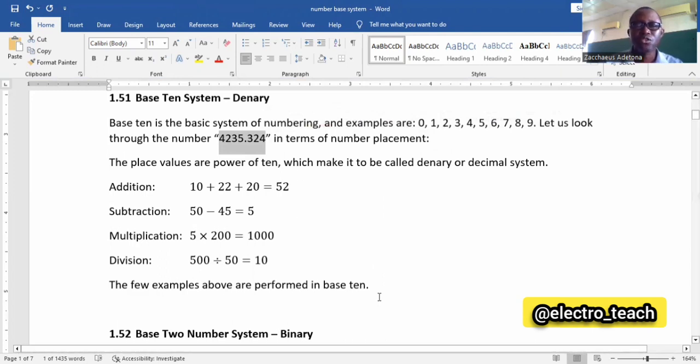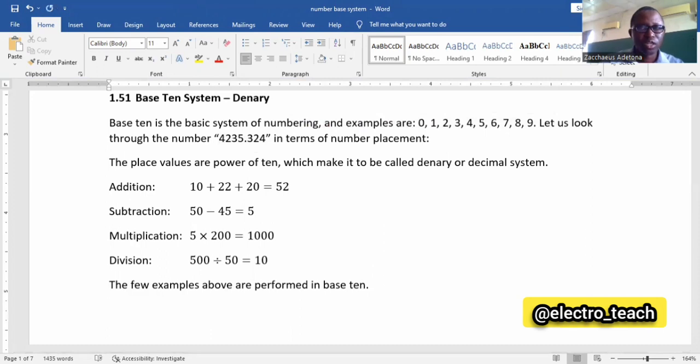Let me work it out on the screen so that you can see what I mean. The number is equal to each digit multiplied by the powers of 10, added together.